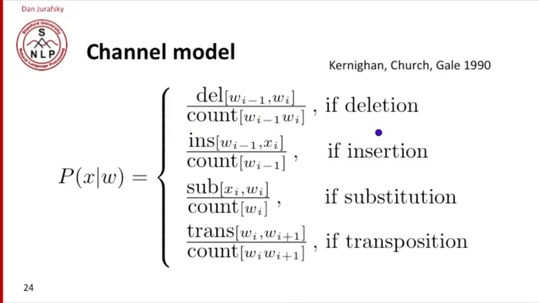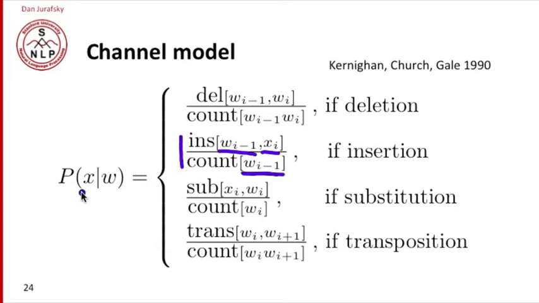So every time a particular previous letter happens, we look up in our insertion confusion matrix and we say, how often was x sub i inserted after a particular letter w sub i minus 1, and we divide by the number of times w sub i minus 1 occurred, and that's going to be the probability of a particular insertion happening in a word.